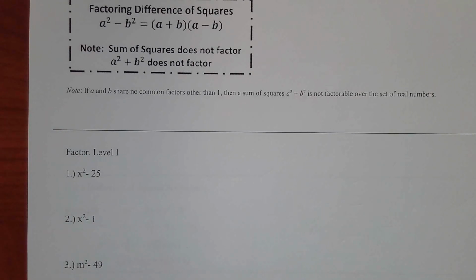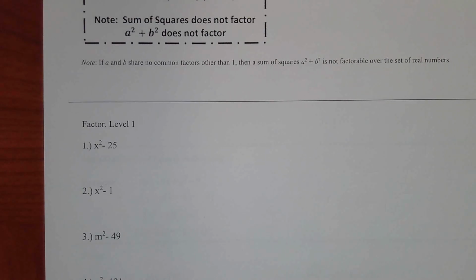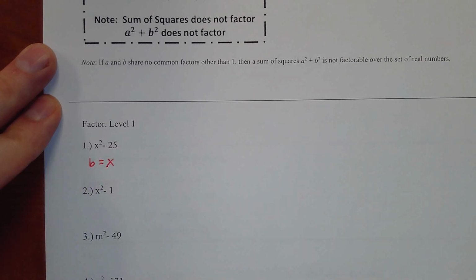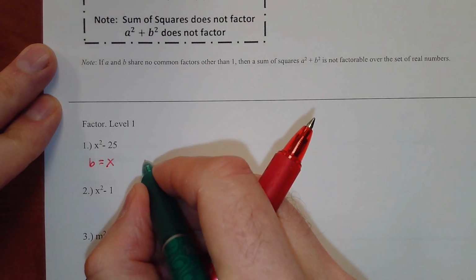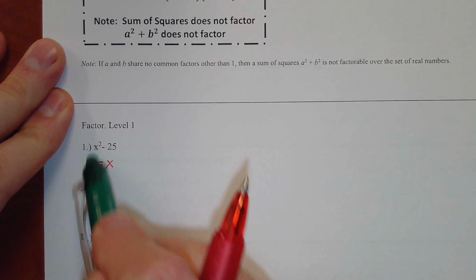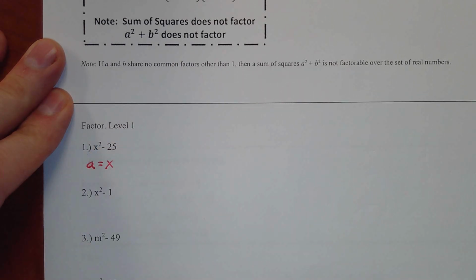So, let's take a look at these. There are three things I'm checking. Is the first term a perfect square? Is the last term a perfect square? And do I have subtraction in the middle? So on this one, the first term is a perfect square, so a here would be x.